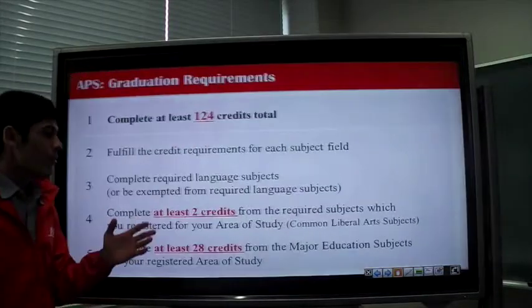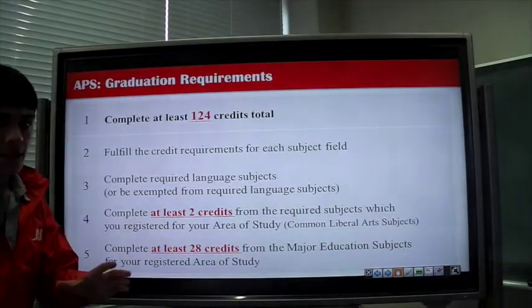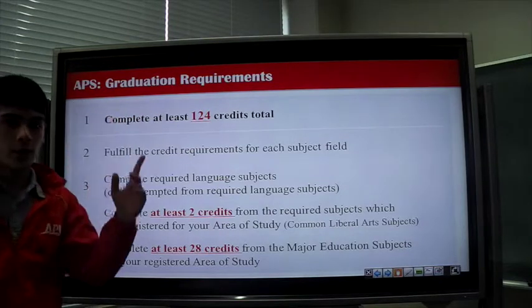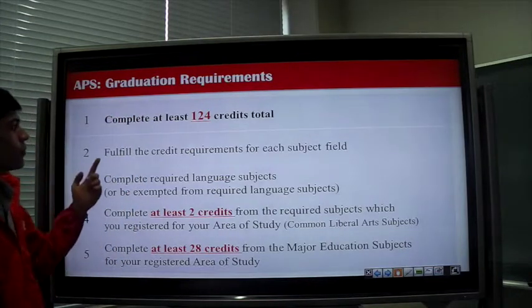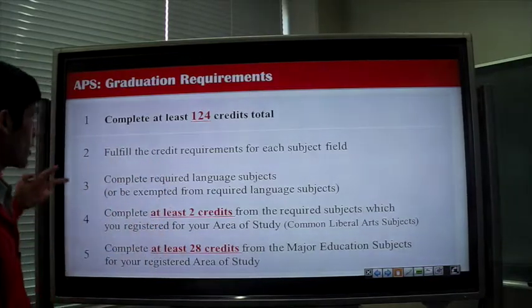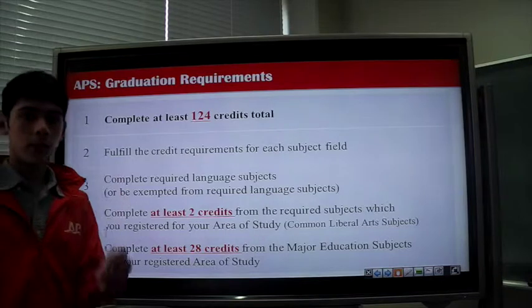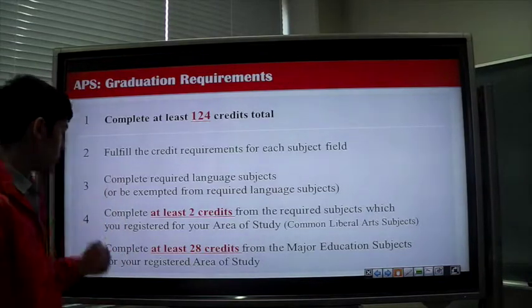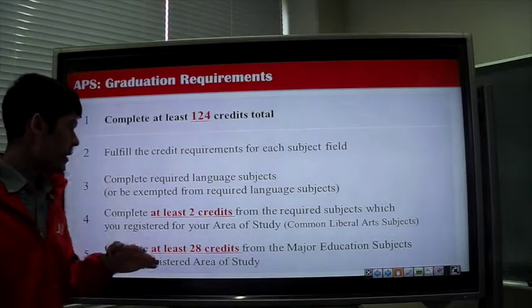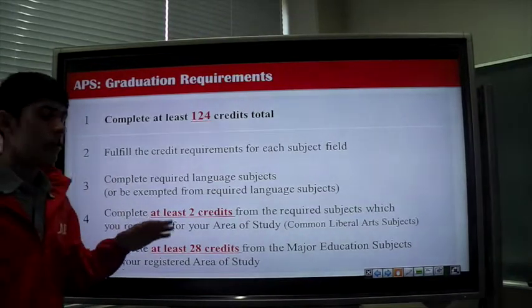And then I'm going to explain about the credits. The first one: complete at least 124 credits. The second: fulfill the credit requirements for each subject field. The third: complete required language subjects, which are Japanese. And also complete at least 2 credits from the requirement subjects for which you register for area of study.